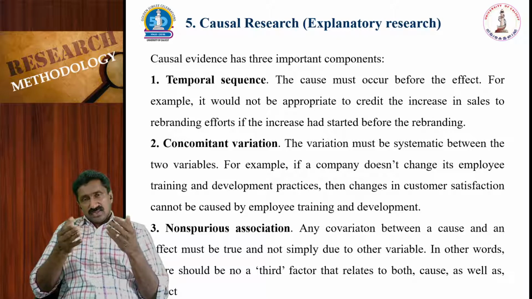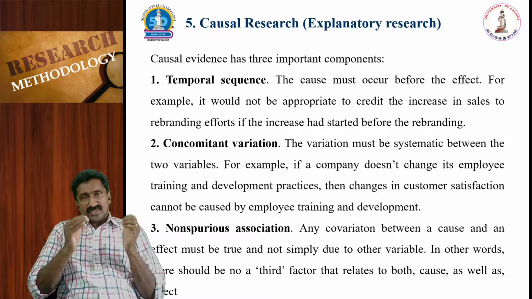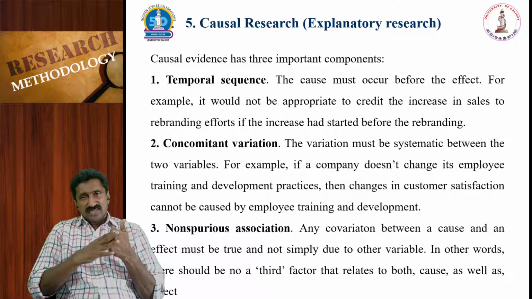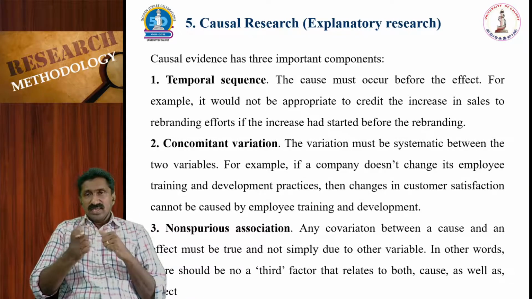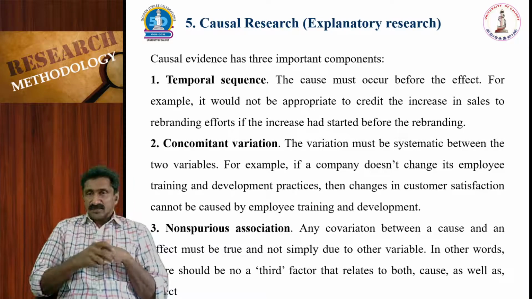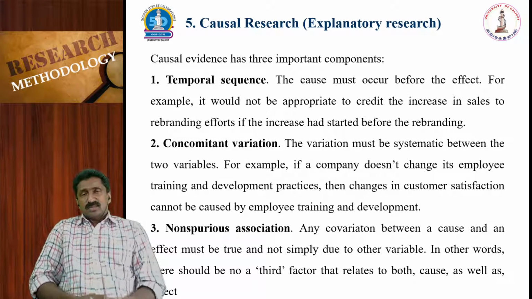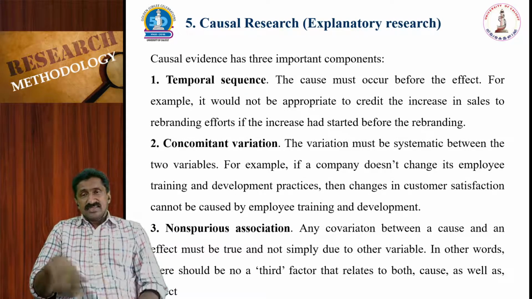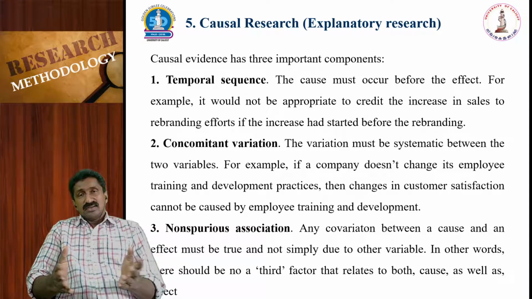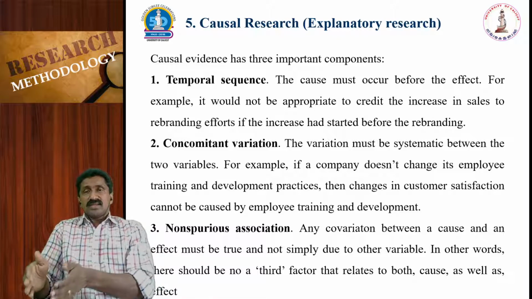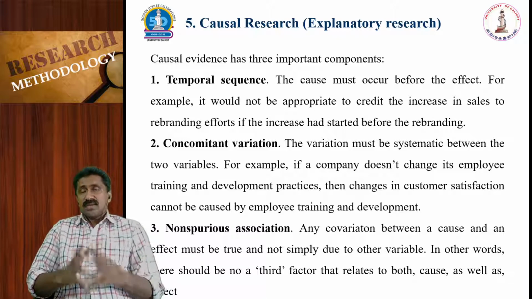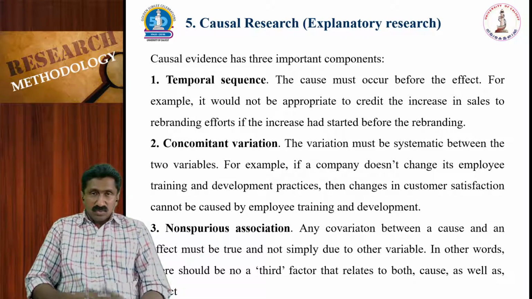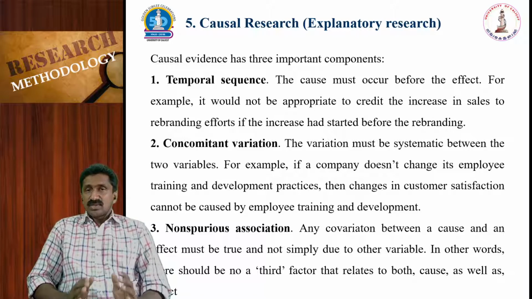With a temporal sequence, you can establish that the increase in sales is due to rebranding only if rebranding has occurred previously, and then there is an increase in the sales. But if the sales had already started increasing before the rebranding effort, then there is no point in stating that the sales is actually improved by rebranding. That is not possible. So there should be a temporal sequence of events.